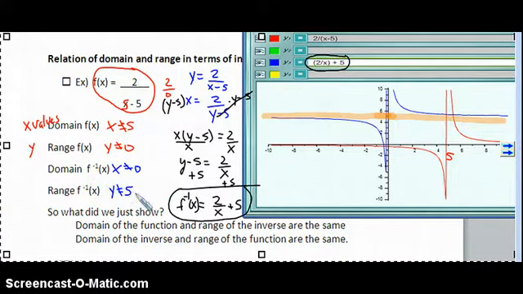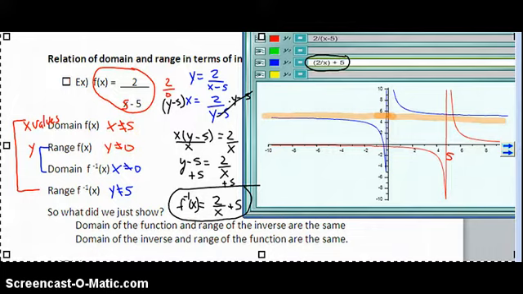Well, now let's look at both of those together. Notice that the range of the function and the domain of the inverse are the same in terms of not being equal to 0, just the variable is different. Same thing for the domain of the function and the range of the inverse. They're the same, they can't be equal to 5, except the variables are different.